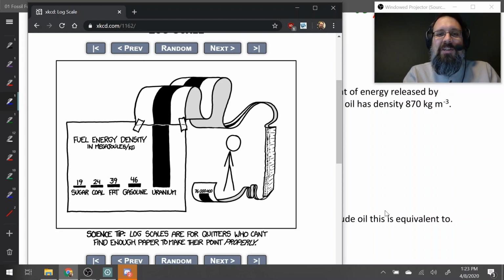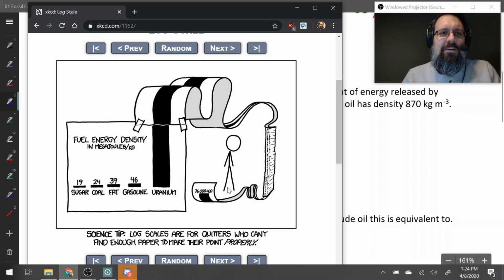It's so much more compared to the other ones. They say log scales are for quitters who can't find enough paper to make their point properly. If you remember, a log scale plots your data in powers of 10, so you can squish your scale down and display things.